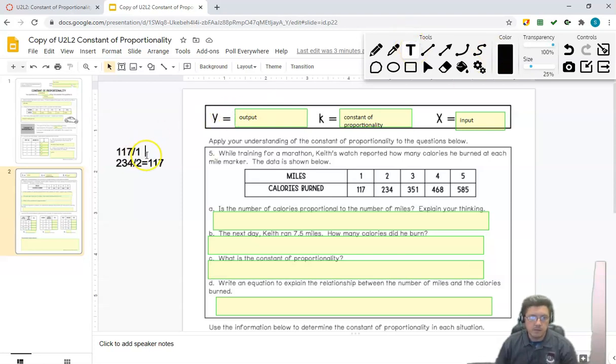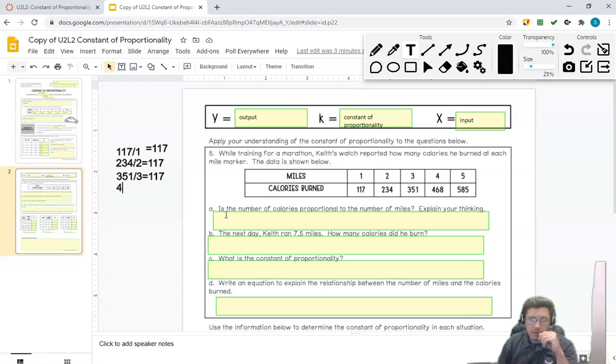Then our next one was 351 divided by 3, and that's going to be 117.